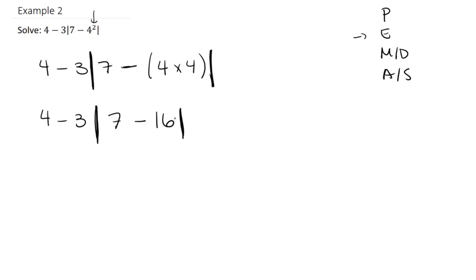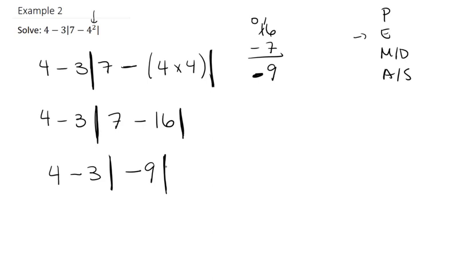So we have 7 minus 16. Another way to look at it is 16 minus 7. 6 minus 7 can't happen, so we have to borrow from the tens, and now we have 16 minus 7, which is equal to 9. But this is negative, as we have a more negative number than a positive number, so we need to keep the sign of the larger number. So we have 4 minus 3, absolute value sign of negative 9.